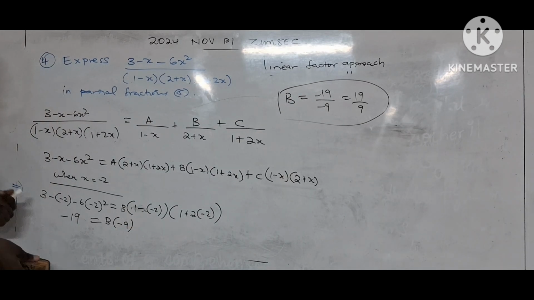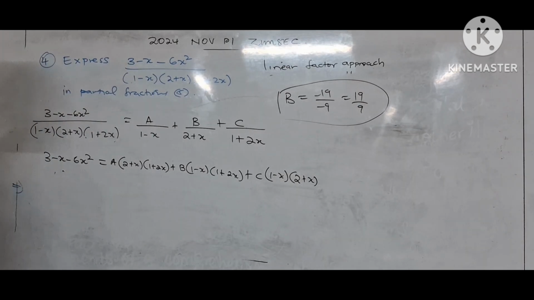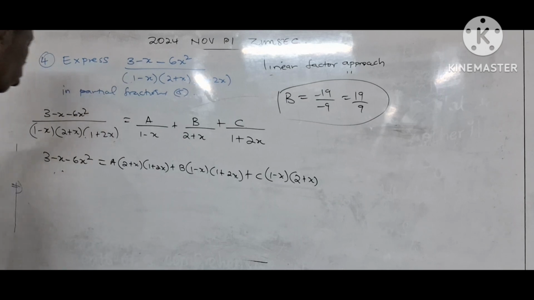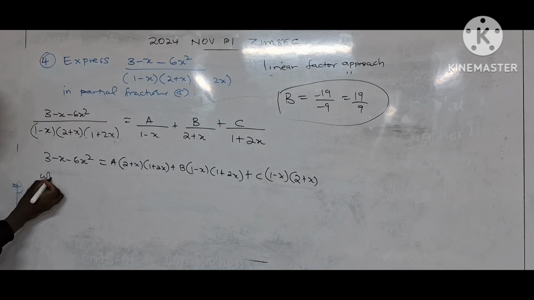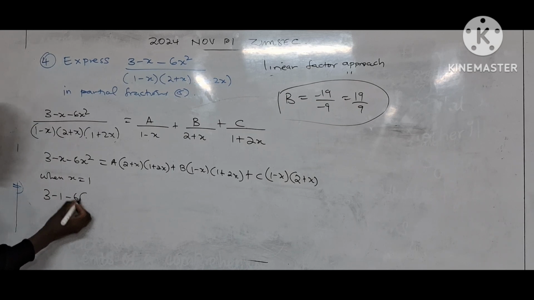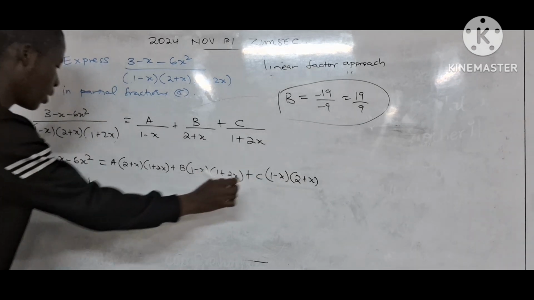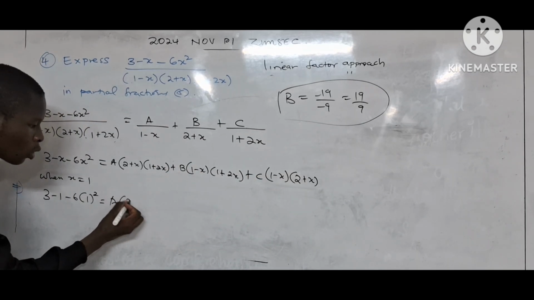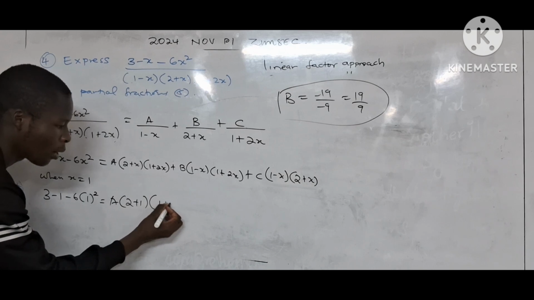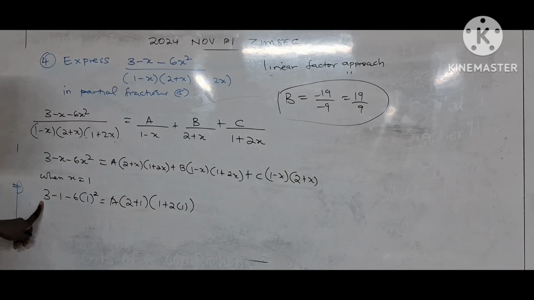Let's move on to the next part. Here I am going to say when x is equal to 1. So this is 3 minus 1 minus 6 into 1 to the power 2 is equal to, this will become 0, this will become 0. So this is A into (2 plus 1)(1 plus 2 into 1). So this is 3 minus 1 minus 6. What is the answer?